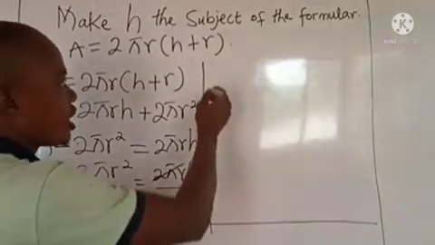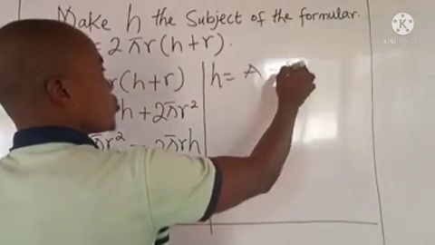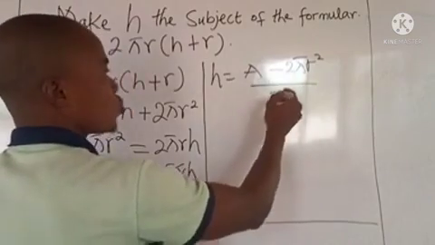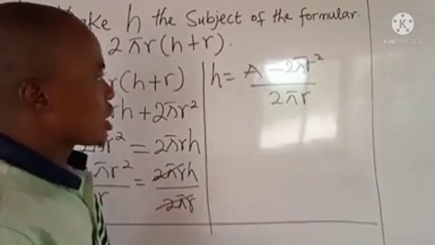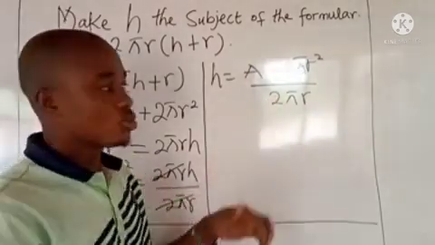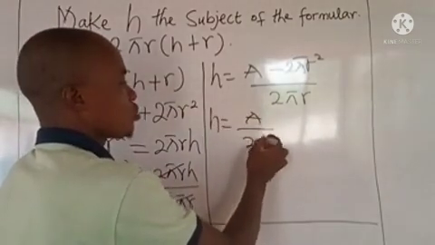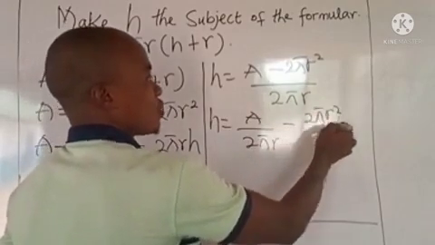So we are going to have h equals A minus 2 pi r squared over 2 pi r. So now from here, you can split this fraction into 2, whereby you'll be having h equals A over 2 pi r minus 2 pi r squared over what?